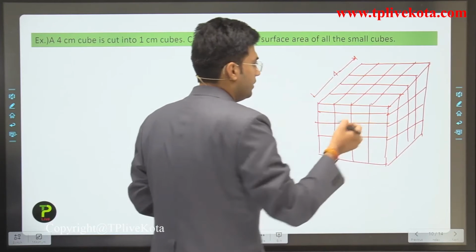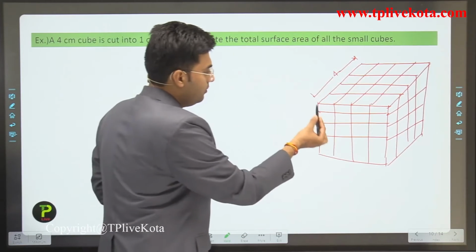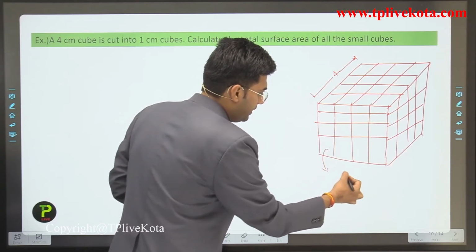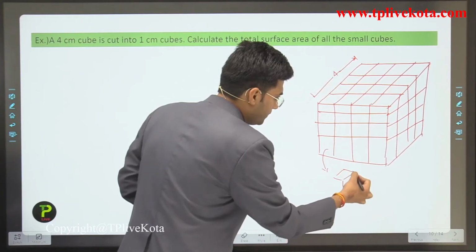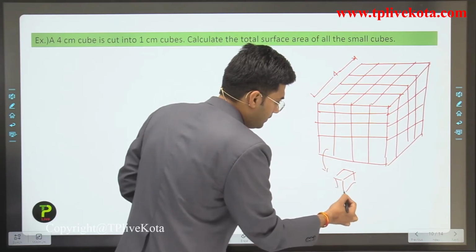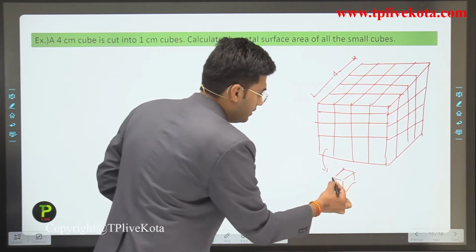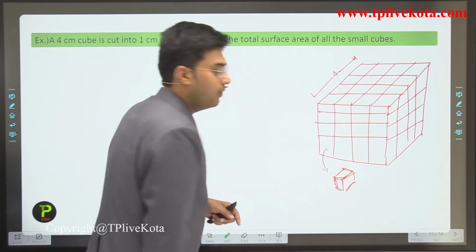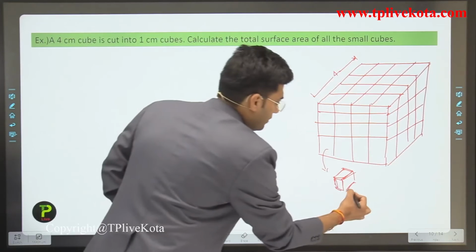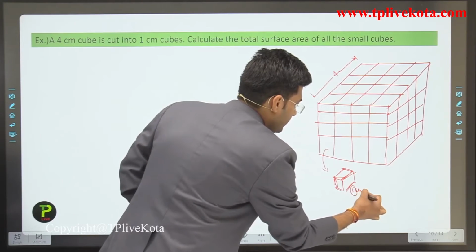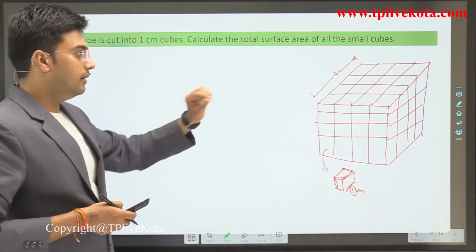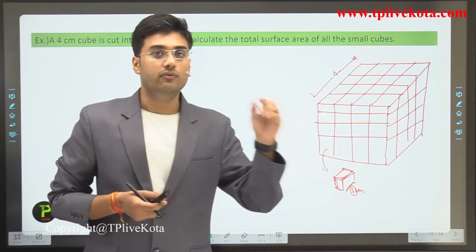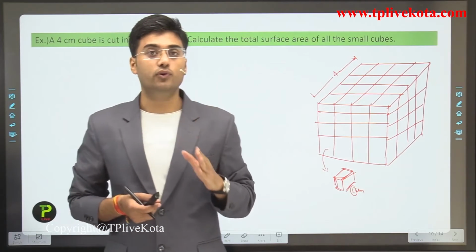Now if we remove one small cube, this is the small cube of 1 centimeter edge. Now the main thing is that we have to find the number of cubes.